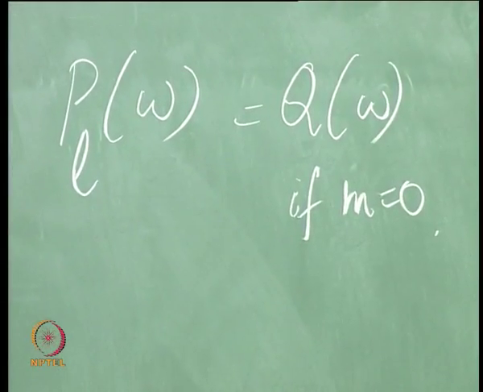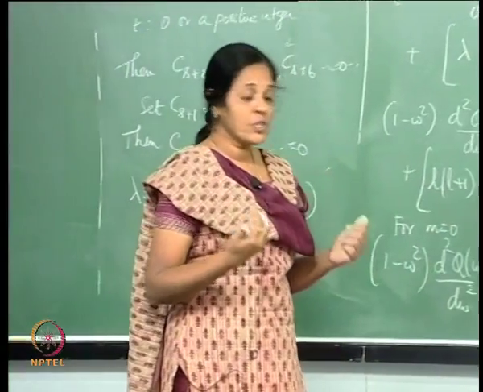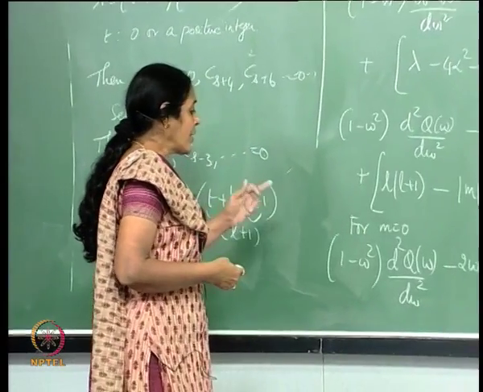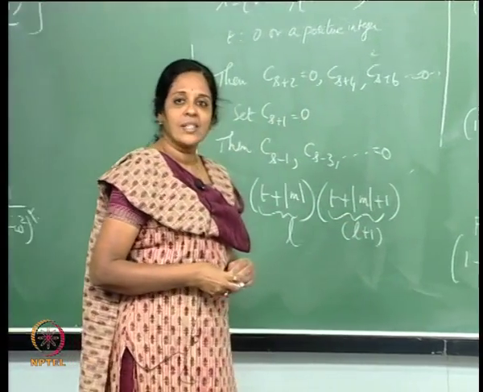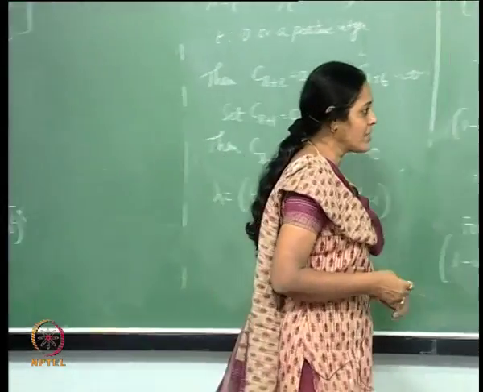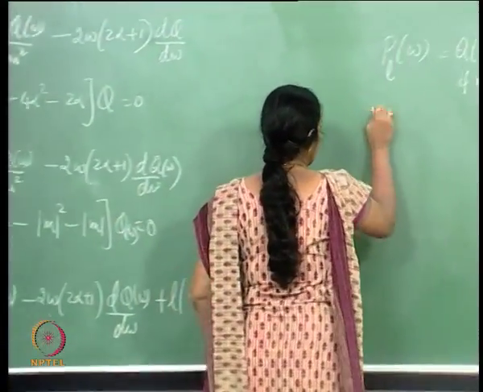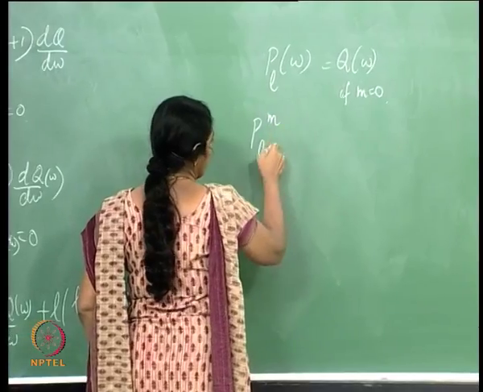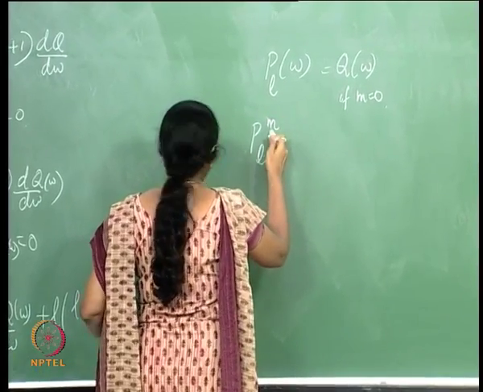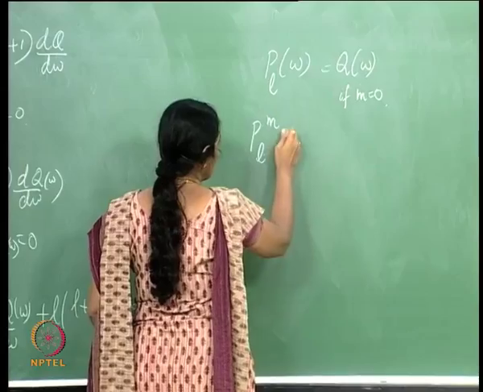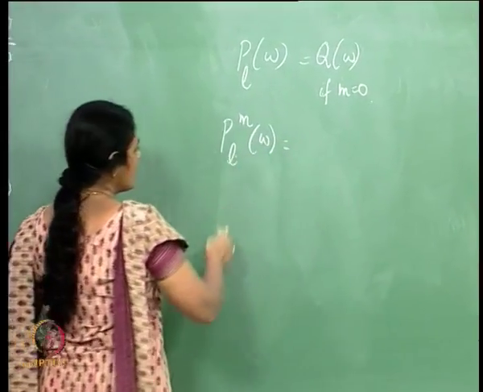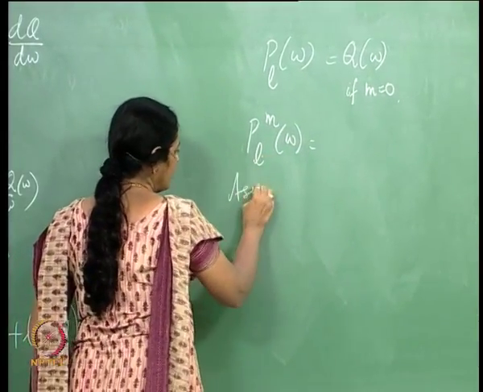Now if m is non-zero, I would therefore suspect that the equation for q of w would be that of the associated Legendre polynomials, because they come with another number PLM, another quantum number. So I have two numbers associated with this. This is the associated Legendre polynomial.